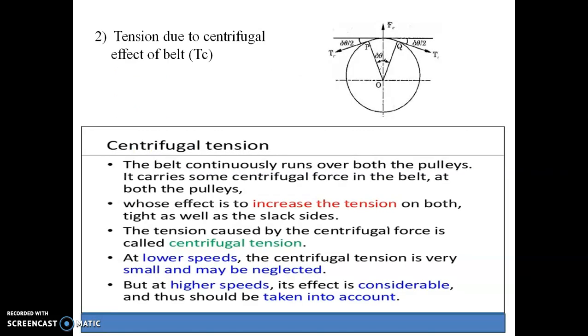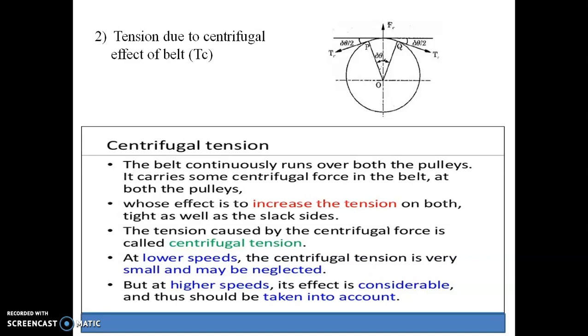Next, the second one is tension due to centrifugal effect of belt. The belt continuously runs over the pulley, so it carries some centrifugal force. Now, the tension caused by this centrifugal force is called as a centrifugal tension.